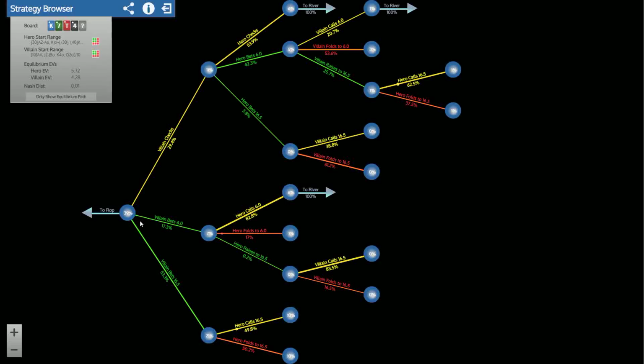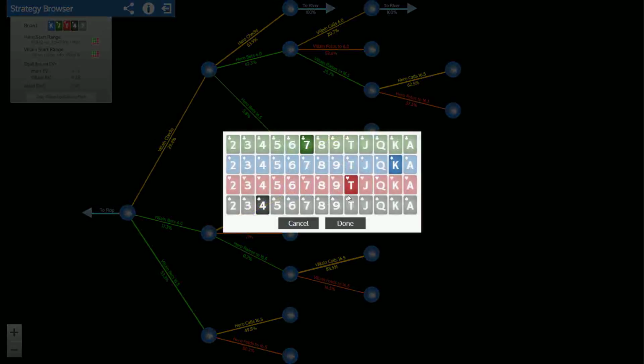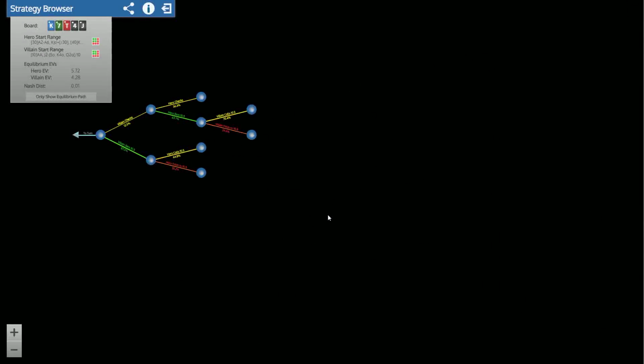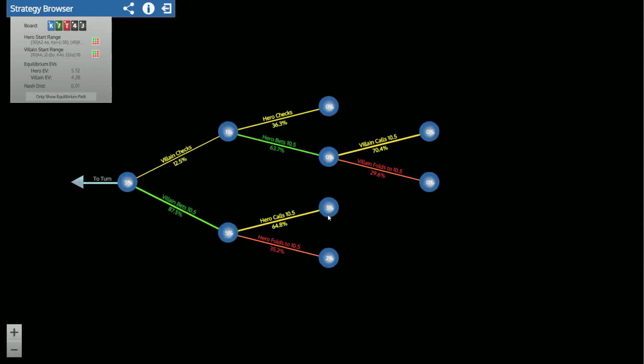And for each of these turn solutions, we can go pick another run-out card, like say the jack of spades, and browse that, and we get a river solution. And it turns out that there are thousands and thousands of these various river solutions that are all part of the game tree.